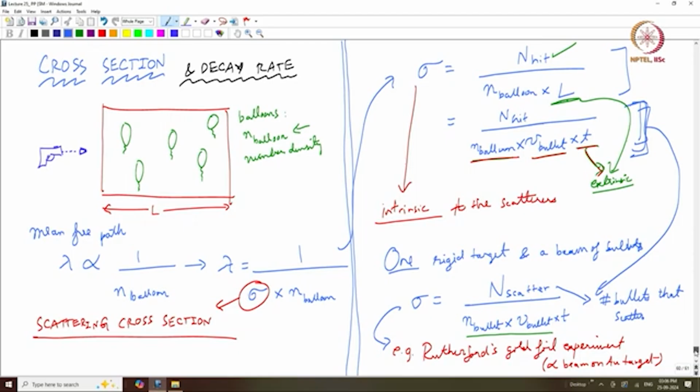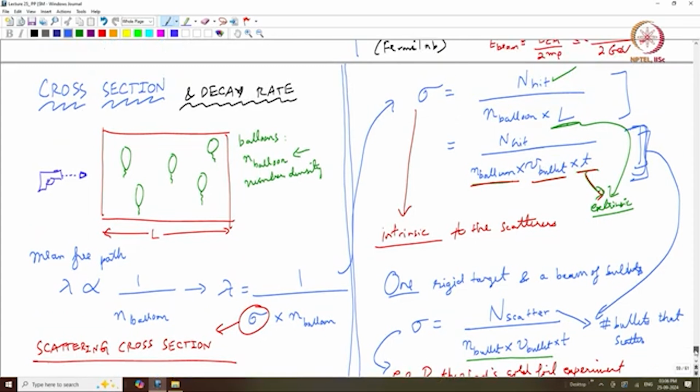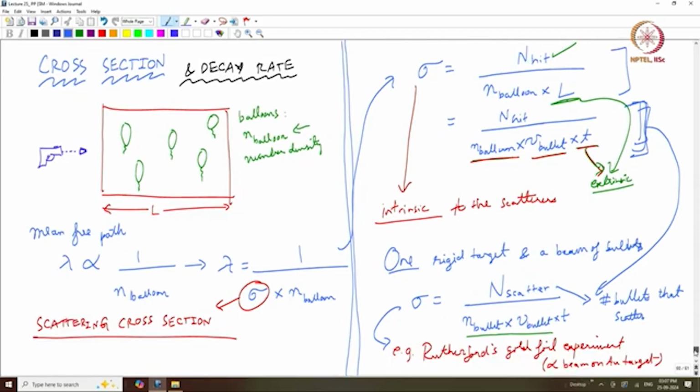So the cross section is determined by the number density of the target and the length of the detector, if you will, right. That is what we saw. Ultimately it all comes down to finding out what the mean free path is, right. So the mean free path should go as 1 over the number density of the target that you are studying, and the compensatory quantity that you introduce to get the dimensions right is nothing but the cross section, and in this case it is the scattering cross section, right.